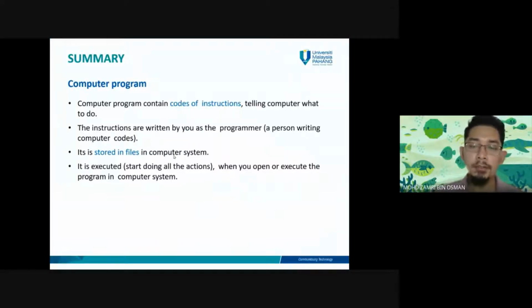But before that, here is a summary of my explanation just now. A computer program contains a set of instructions, or I can call it code, telling the computer what to do. As you can see from the previous code, there are 4 instructions that the program needs to do. Line number 1 requests the user to key in some input.